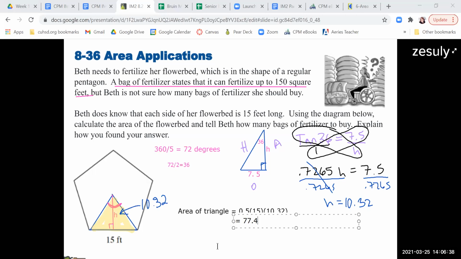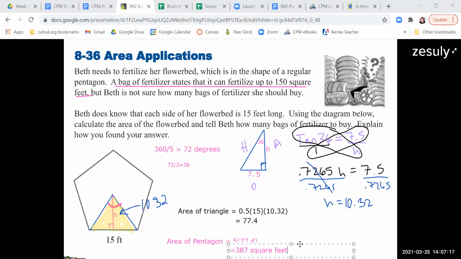And then we need the area of the pentagon. So we have to multiply this by 5. So the area of the pentagon is 5 of those triangles, 5 of the 77.4 area triangles, because there's 5 of them in there. And that is a total area of 387 square feet.